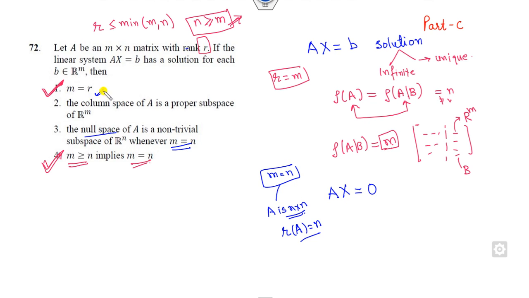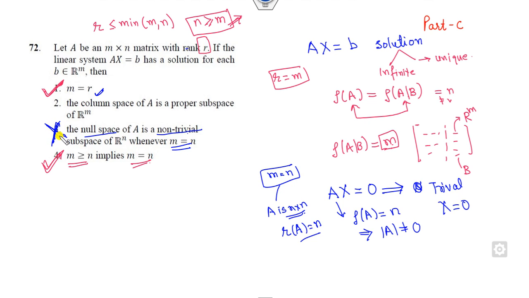If the matrix A has rank n, which is the number of columns, what is the meaning of that? The determinant of A is non-zero. Once the determinant of A is non-zero, it will always give the trivial solution, x is 0, but they are talking about the non-trivial solution. So this option is cancelled.